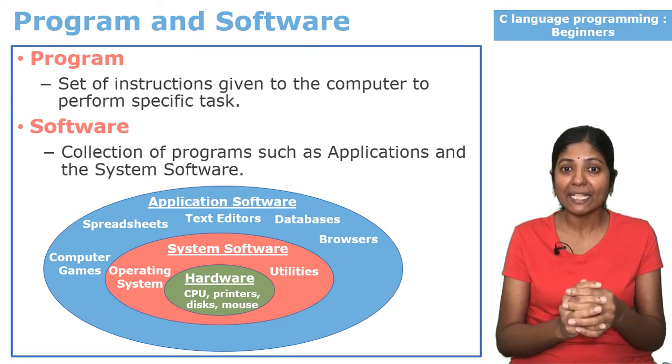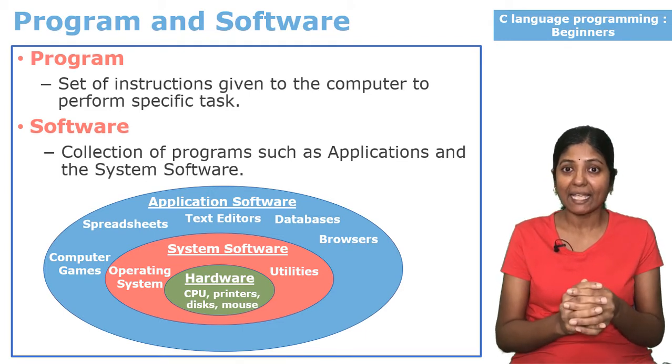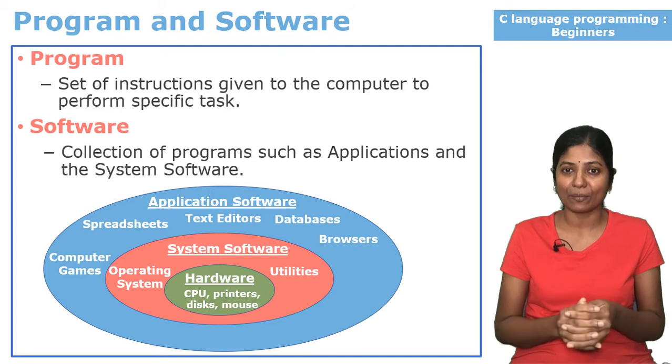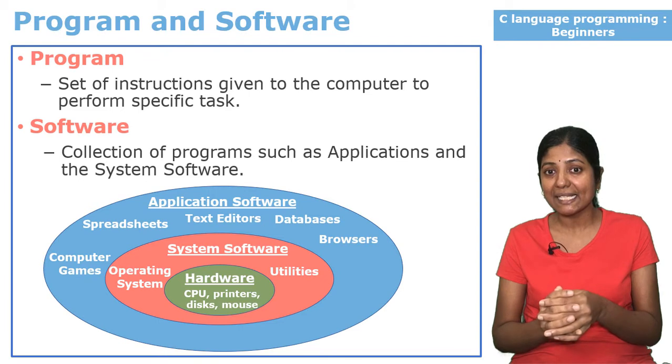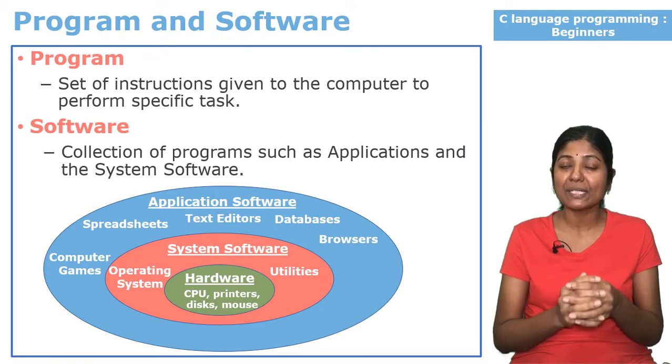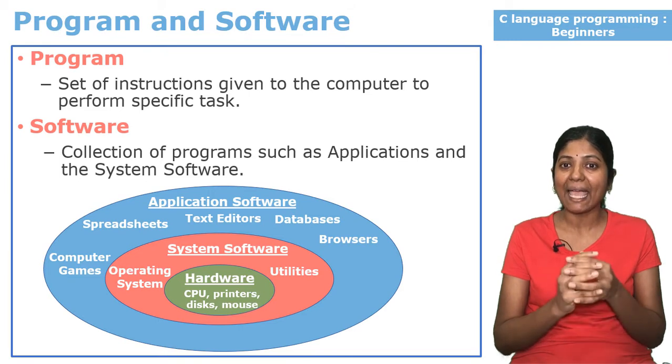a specific task. An example of application software is a web browser. Let's say Google Chrome. We will open Google Chrome to send messages to our friends or to search for any information or to download any information. It is an application. In short, application is also called an app.